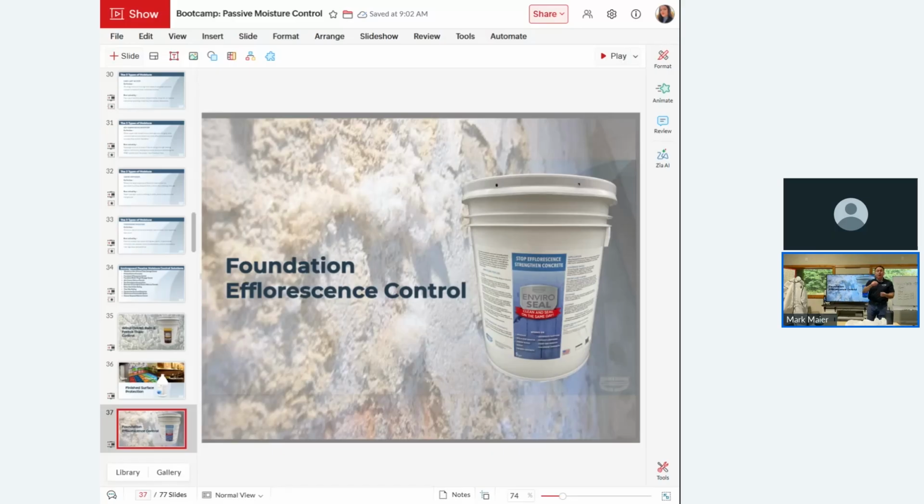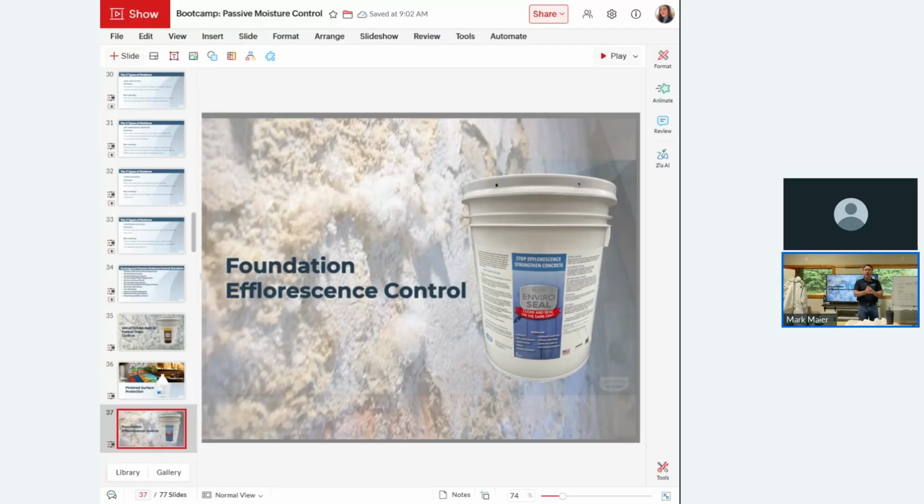X4 is a product that converts that calcium hydroxide into calcium silicate. And more importantly, it stabilizes the wall by filling all of those voids and creating an insoluble compound, namely calcium silicate, that now when water comes through that wall, can't drag that calcium hydroxide in the first place to the other side.